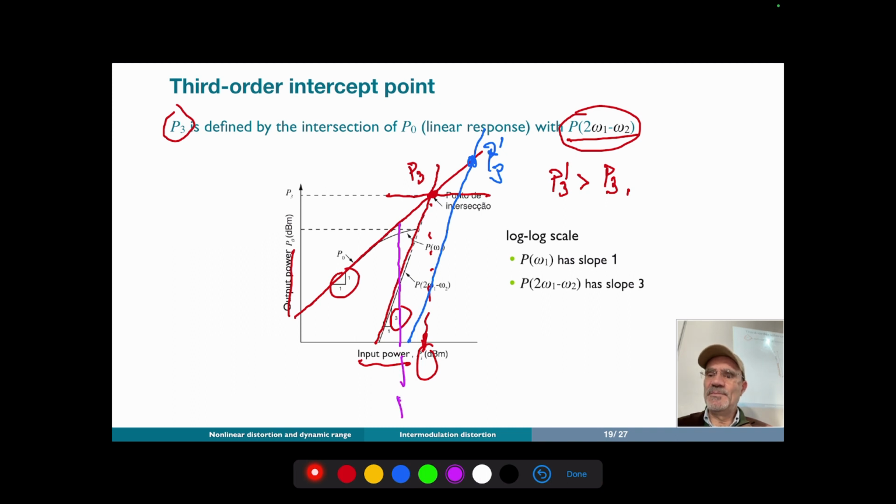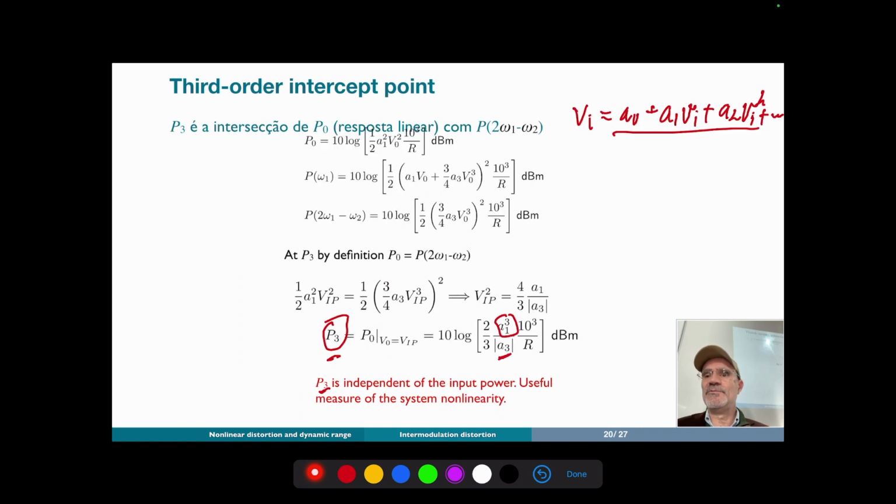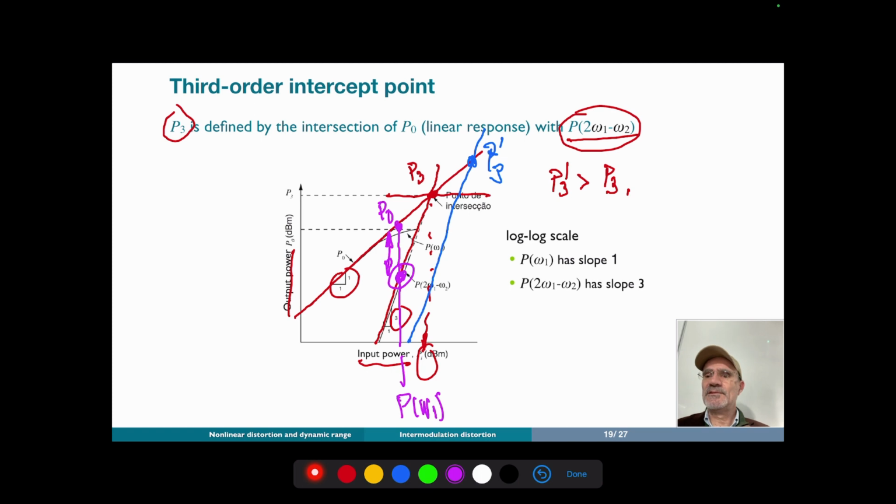So this value will be P omega 1, the input frequency, and we have a certain value of output power at this point, and we have a certain third order intermodulation power. And so we have here a region where the third order intermodulation power is a certain dB below the linear power, which is calculated here. So we calculate the third order intermodulation power, so we calculate this point here.